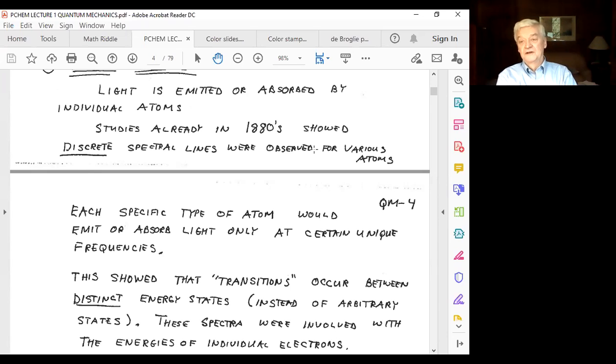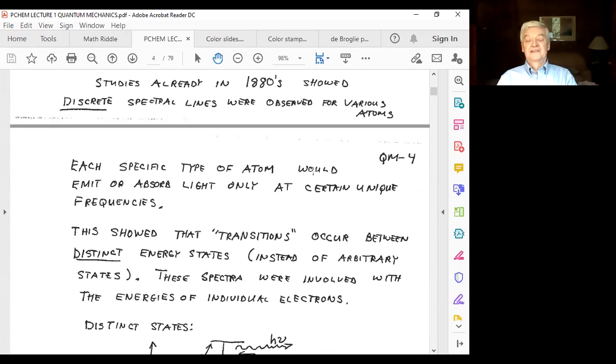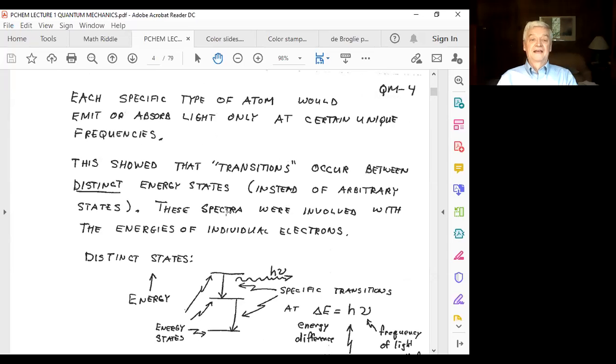So people would find a way to dissociate the H2 molecules, split them into hydrogen atoms, and then they would look at the emission of the light, look at the frequencies that came out. And what was observed is that only very specific frequencies came out. Certain different colors occurred, and they came out at distinct energies.